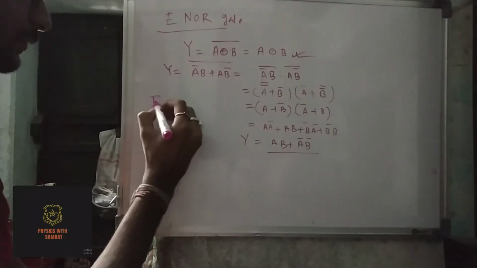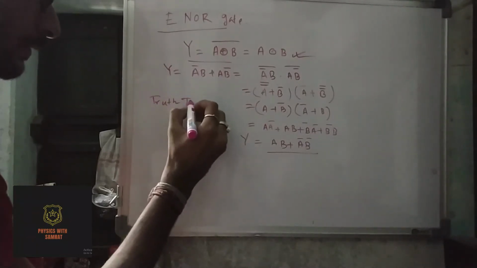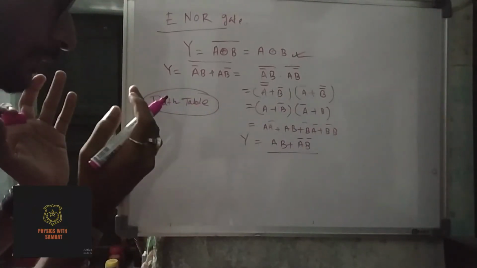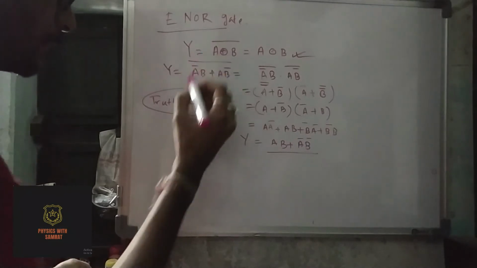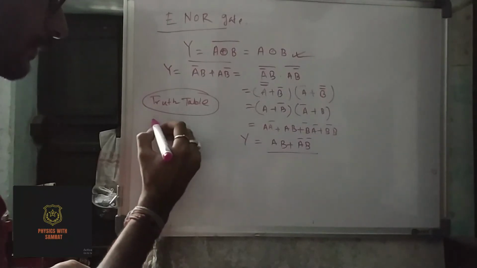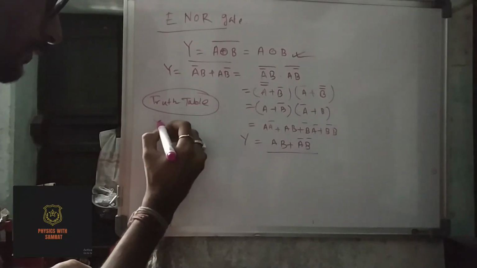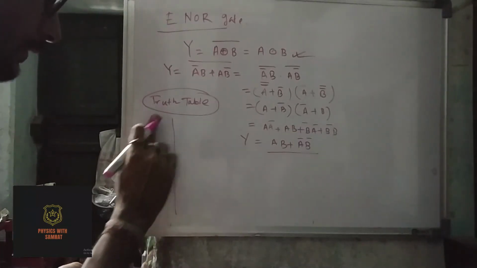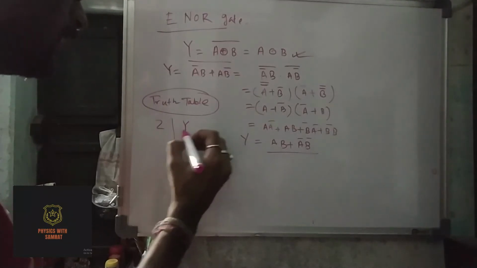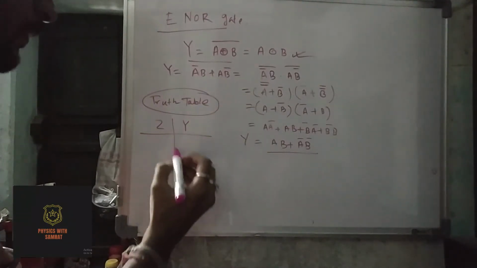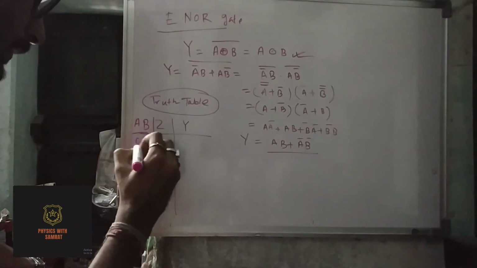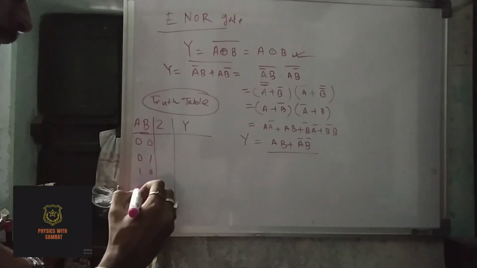Okay, so if we draw the truth table, what we have to do is make the complement of the exclusive OR gate. Let's suppose Z is the output of the exclusive OR gate and Y is the output of the XNOR gate. We get inputs 0 0, 0 1, 1 0, 1 1.